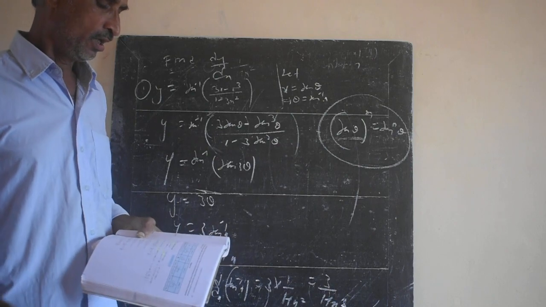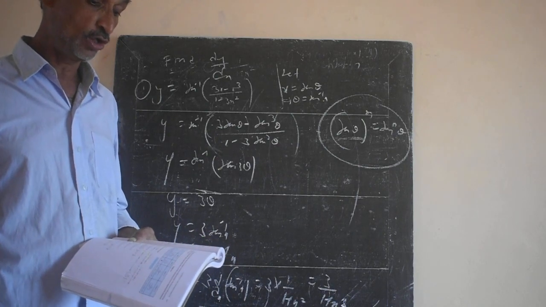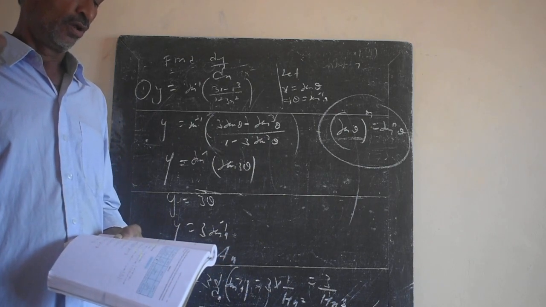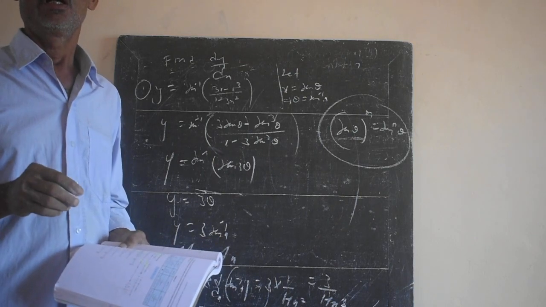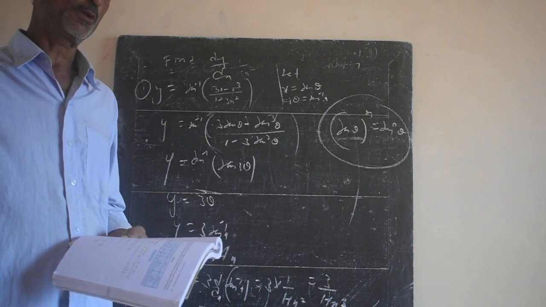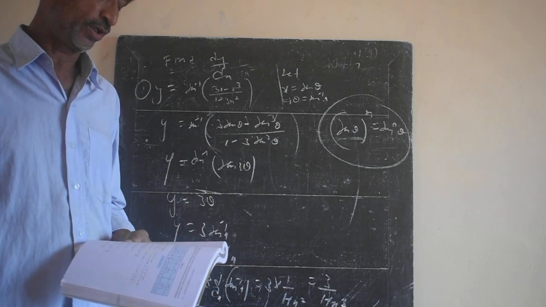Next one is y equals cos inverse of 2x upon 1 plus x square. Sin inverse of 2x upon 1 plus x square is 2 tan inverse x, but we have to use the result sin inverse x plus cos inverse x is pi by 2.